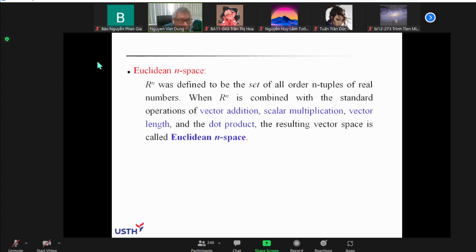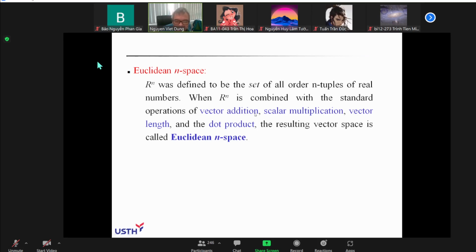Now is the notion of Euclidean n space. We are considering the n space Rn. Rn, we know already what it is. Then Rn is a vector space because on it we have a vector addition and a scalar multiplication.